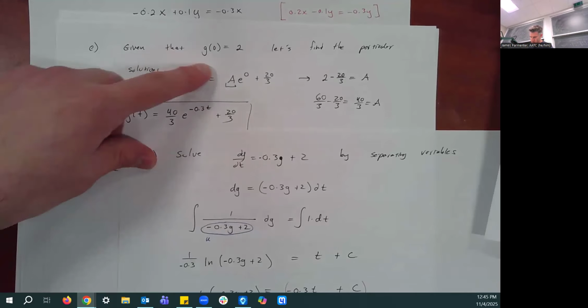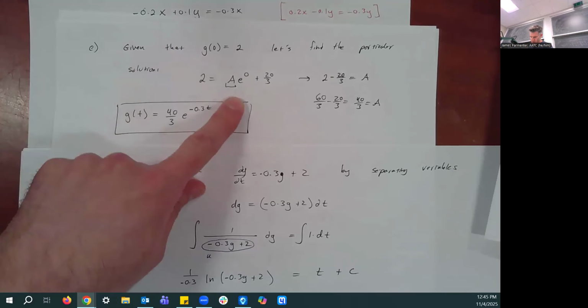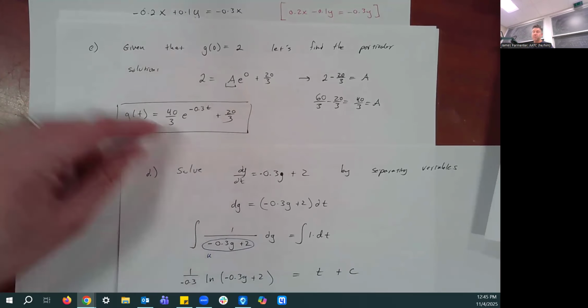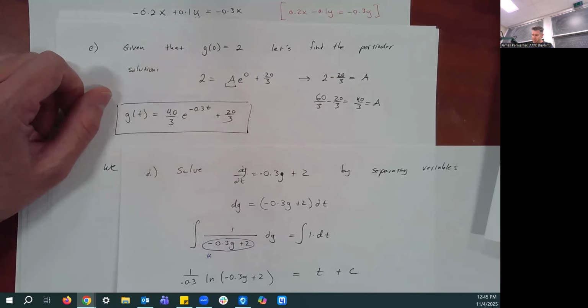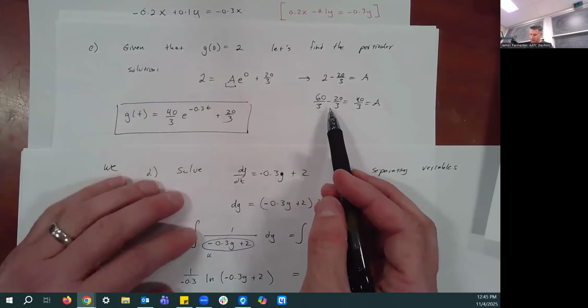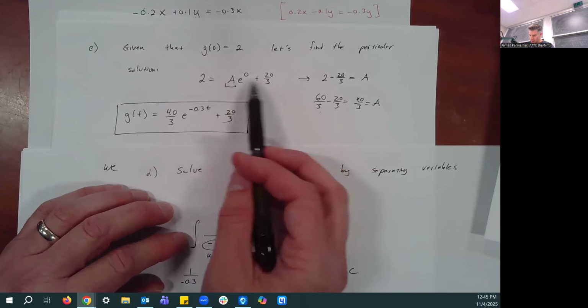I said G of 0 was 2. So 2 equal to that. 2 is not 60 thirds, right? I made some mistake that now my brain is not letting me get over.